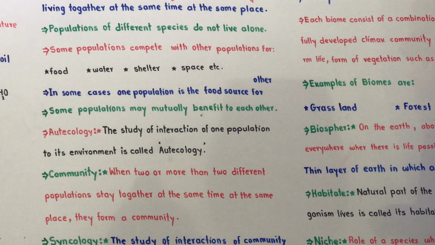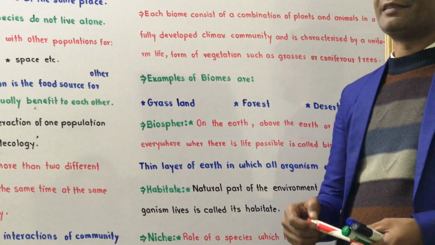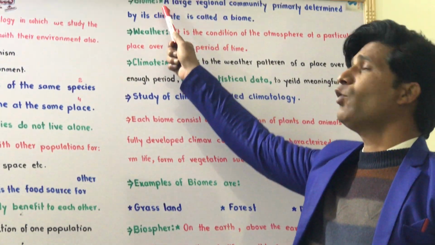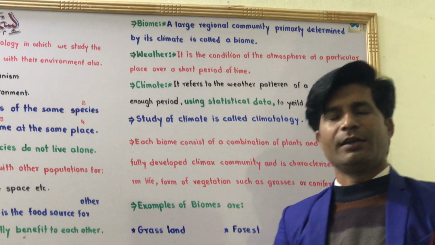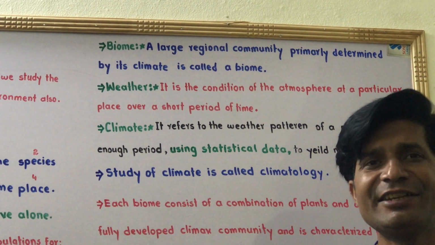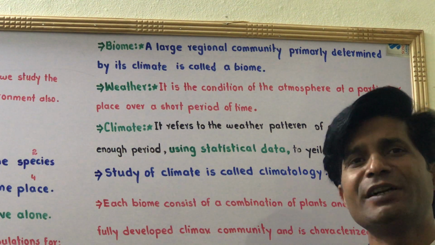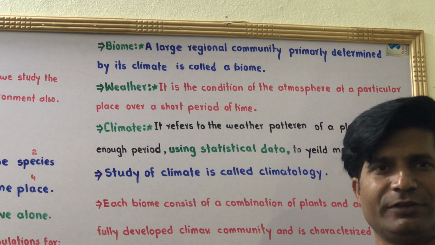Now, we will define another term about ecosystem, and that is biome. Biome can be defined as a large regional community primarily determined by its climate.